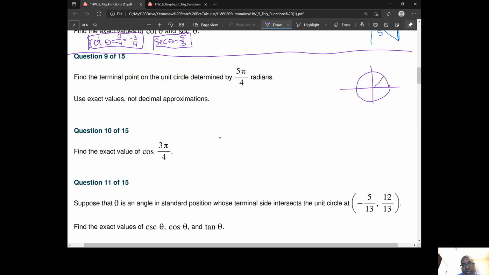This is 2 pi over 4. This is 3 pi over 4. This is 4 pi over 4, because 4 pi over 4 is pi. So 5 pi over 4 will be down here. If we look on our unit circle, our point here is negative root 2 over 2, negative root 2 over 2. You learned that the unit circle is important.